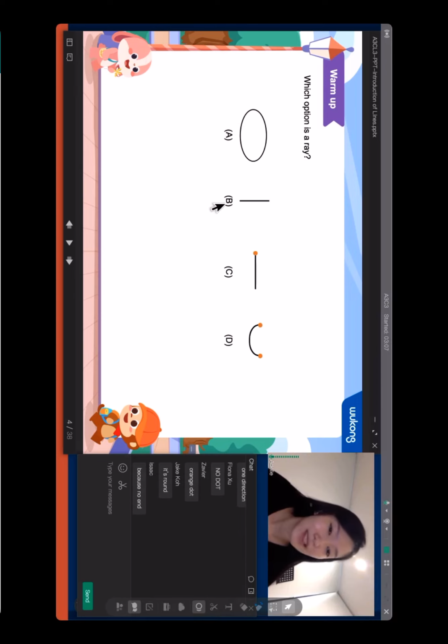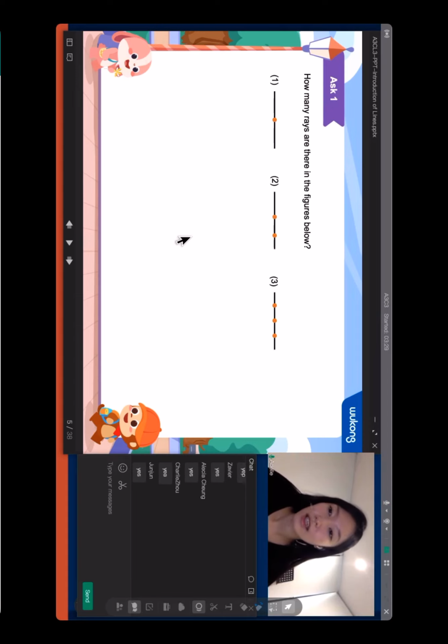What about B? B doesn't have any endpoint, so B doesn't qualify as being a ray. And what about D? Too many endpoints, right? We have two, but we only really need one to be a ray. Okay, so are you guys getting the idea of what a ray is? Yeah, that's good.